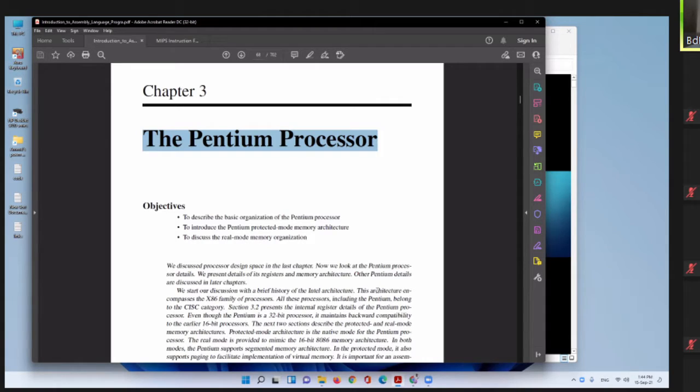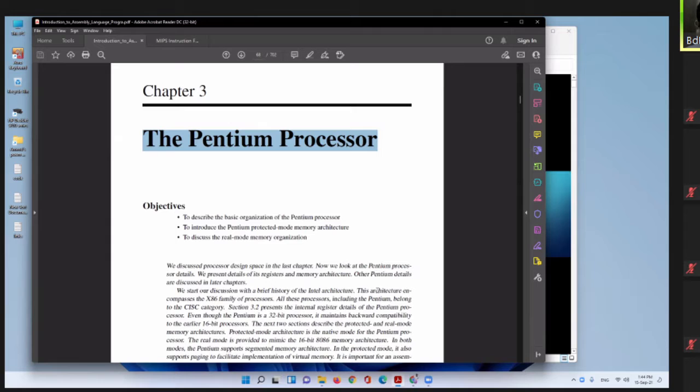But in this chapter, they give us a very brief idea about the previous content, which is quite nice. We must know that. If you know how the previous processors developed and then came to this model, it will be easier for us to code for these types of processor.